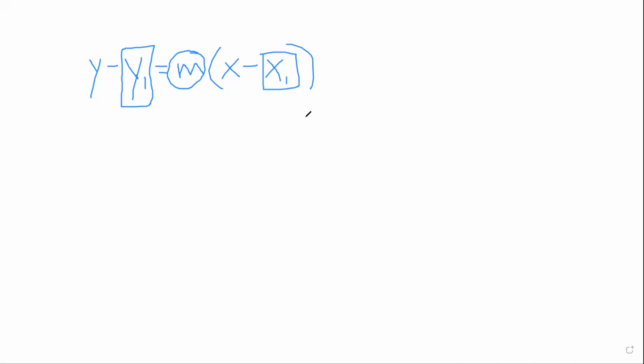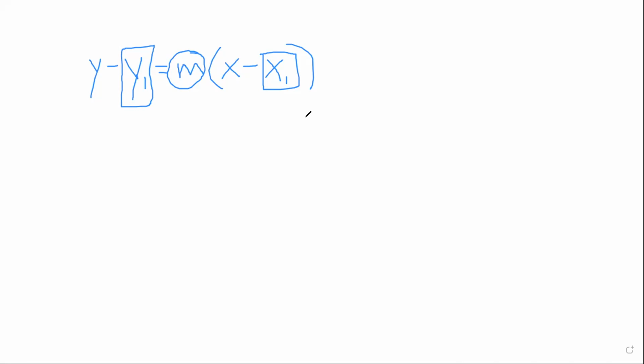With slope intercept, where are we going to start? What do we use to start a graph with slope intercept? Oh, b. We use the y-intercept. We use b. B for beginning. That's where we start. If we were going to graph in point slope, we would just use the point that we're given.